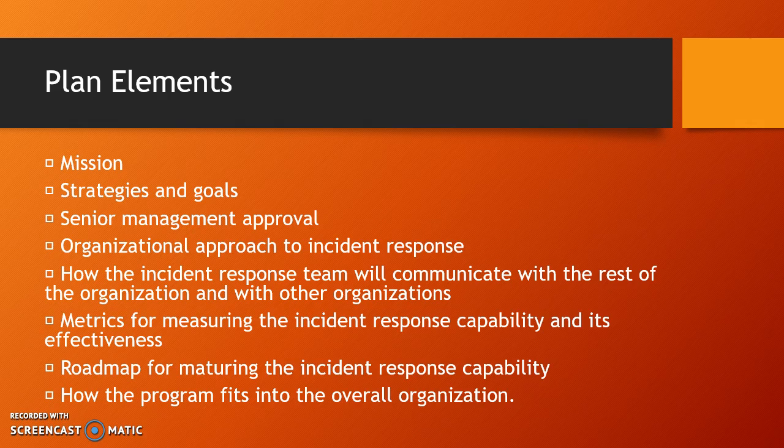And the metrics for measuring the response capability, and how this overall fits into the organization. In other words, when we're done with the incident and we review it, what then is the procedure for how changes are implemented or not implemented?